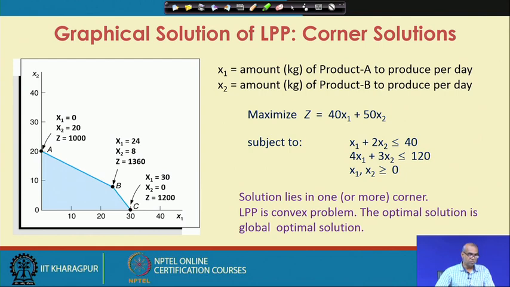Now, there are three corner points A, B and C in the feasible region apart from the point 0, 0.